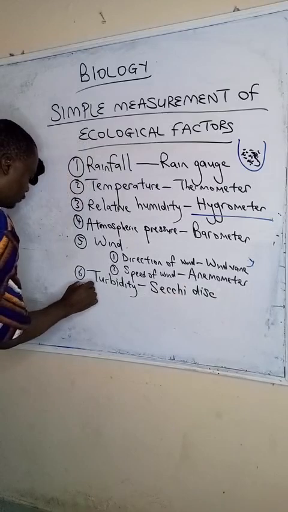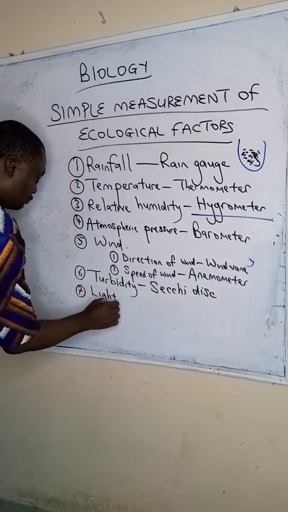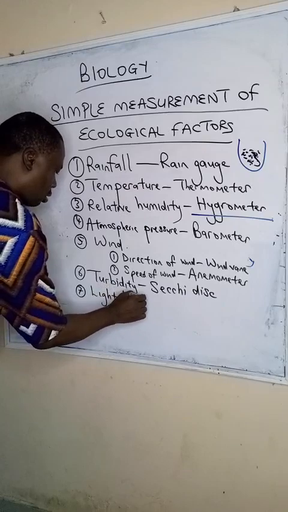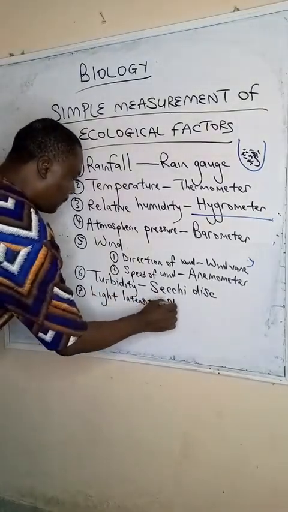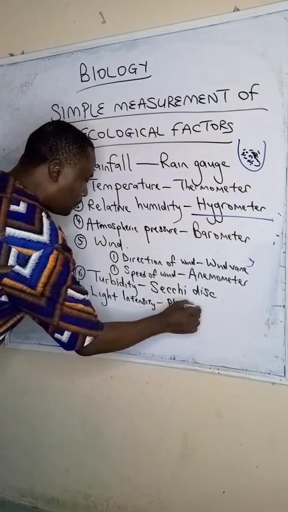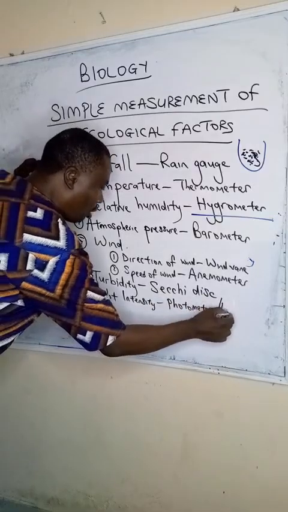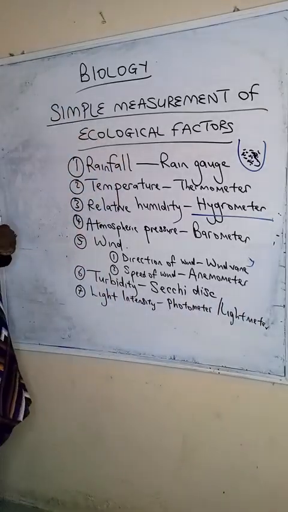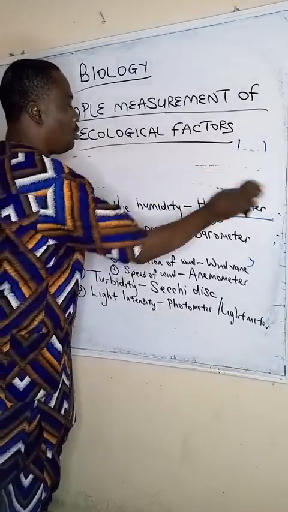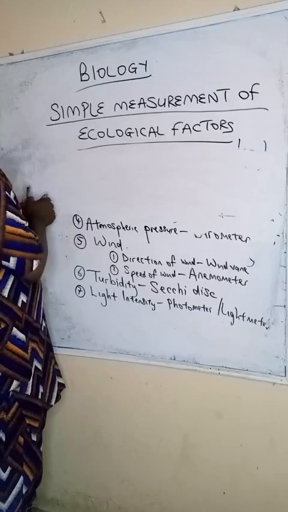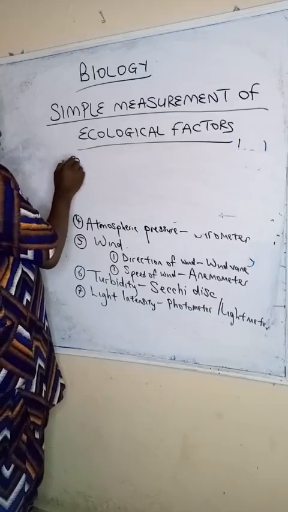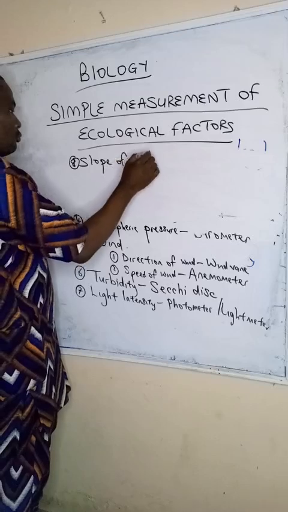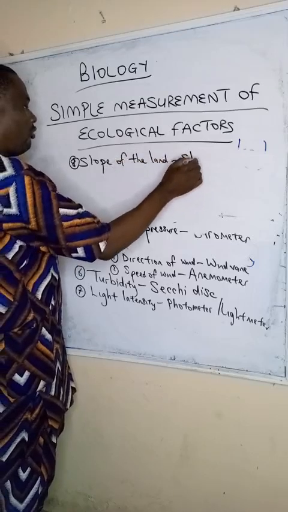Another one is light, or light intensity. You use a photometer, or we can call it a light meter. Then the next one we look at is slope of the land. This is measured with a flow gauge.